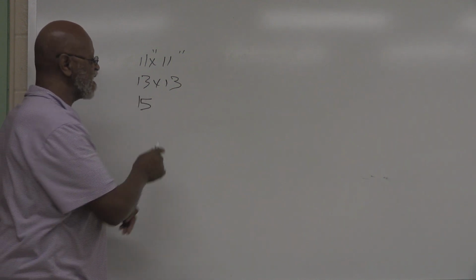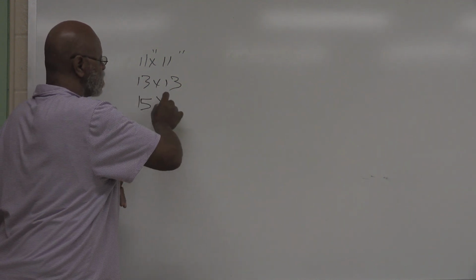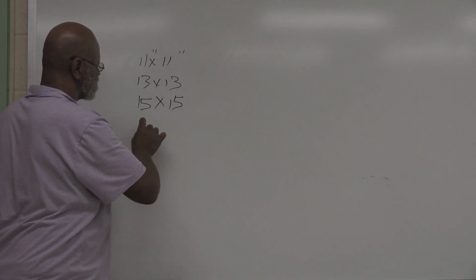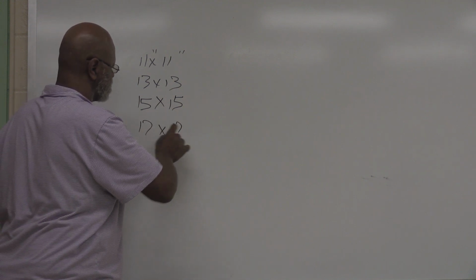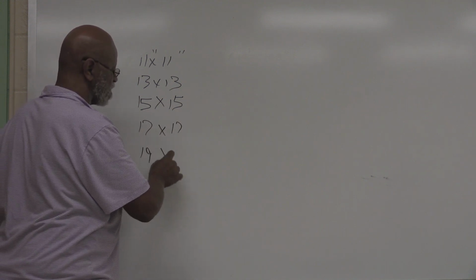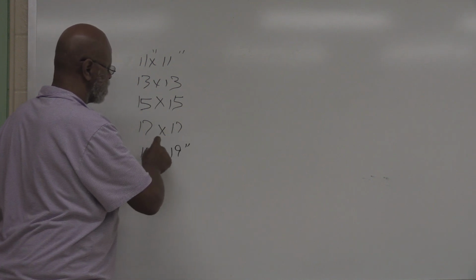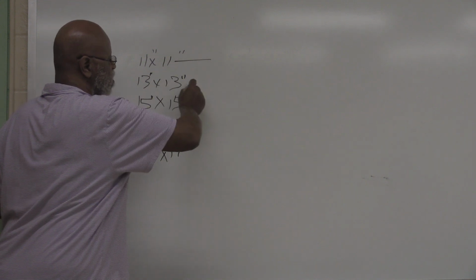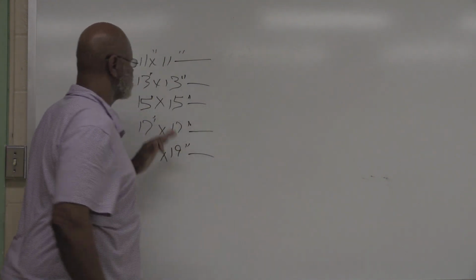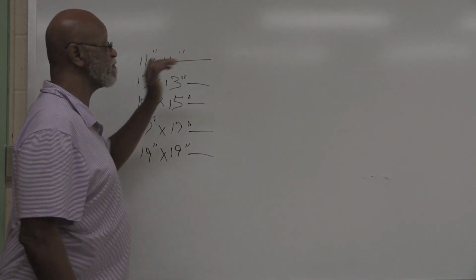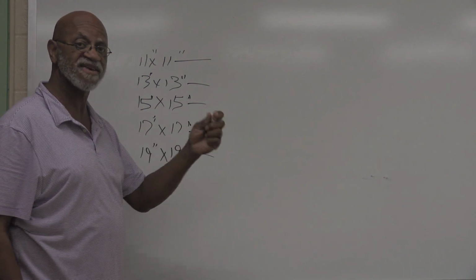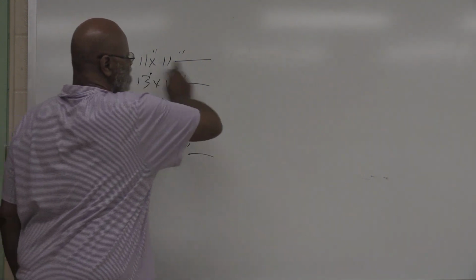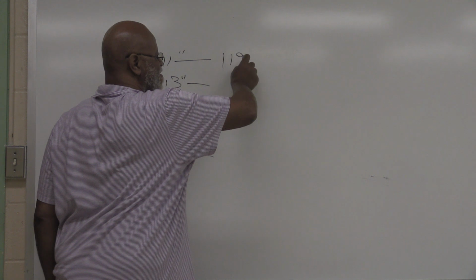These are the standard sizes of tiles. 17 by 17, 19 by 19 inch tiles, right? So we know that this area of tile divided by the square feet, that's what I'm giving you, based on 100. So let's use 119 tiles.